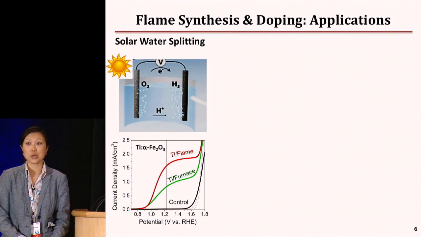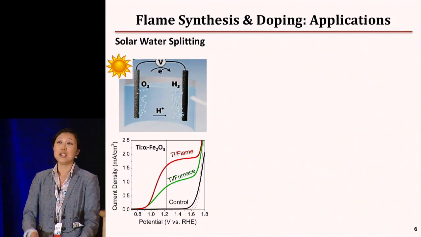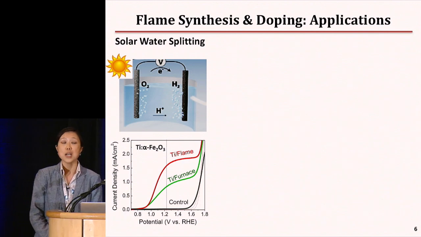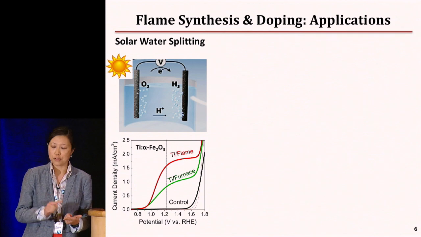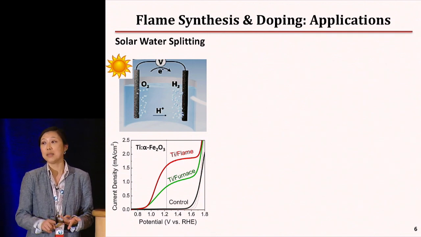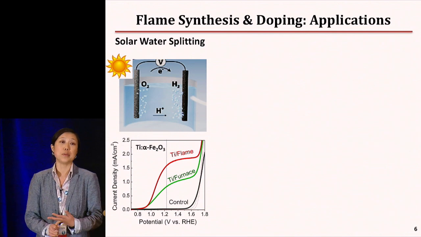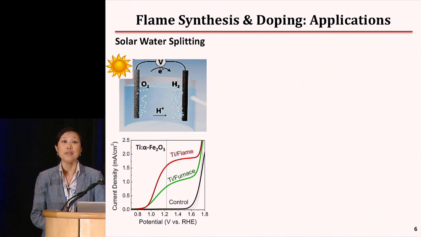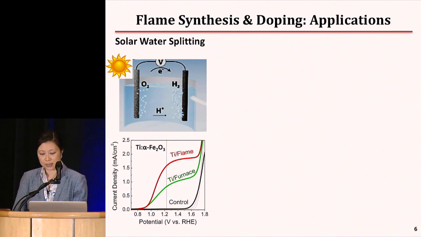One application, as many of you have looked at, is solar water splitting. I like it because it has light absorption, transport, and surface charge transfer properties, and many of our flame-processed materials show better performance than other techniques.